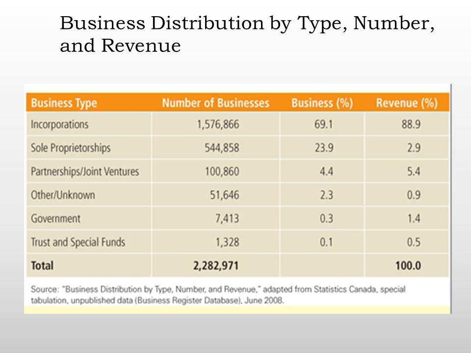Sole proprietorships was second, accounting for about 24% of the number of businesses, but a small percentage of the total revenues. By that, we can see most corporations tend to be larger businesses in Canada, and smaller businesses tend to be operated as sole proprietorships. And that makes sense, and we'll see why as we go through this chapter.